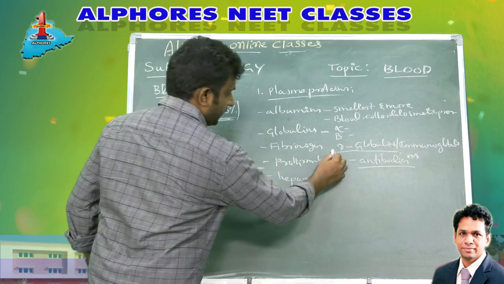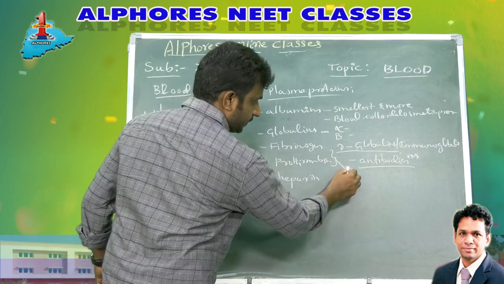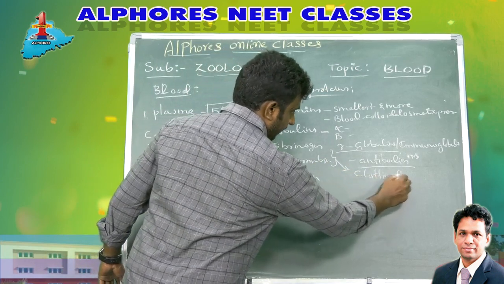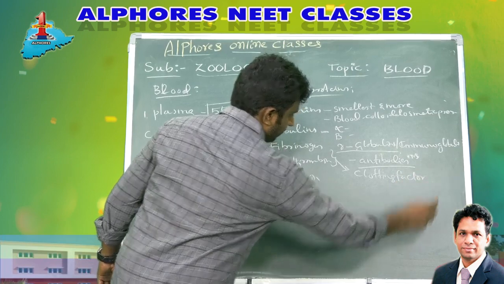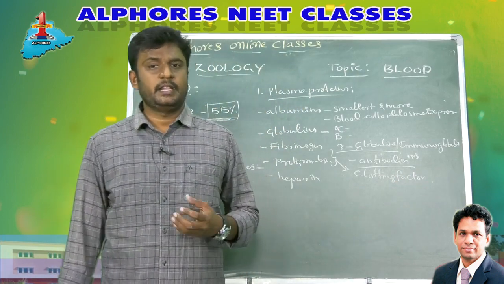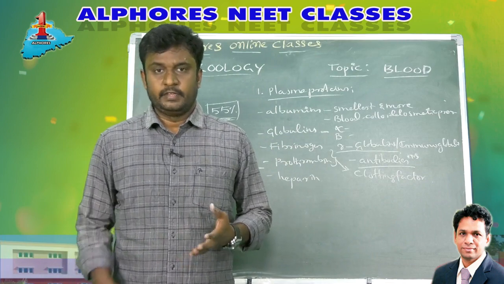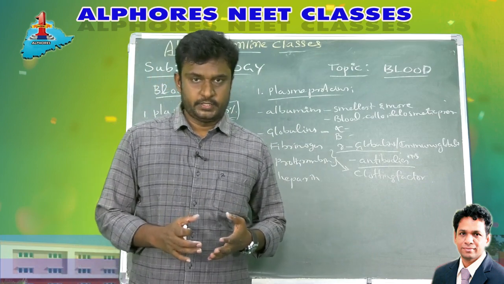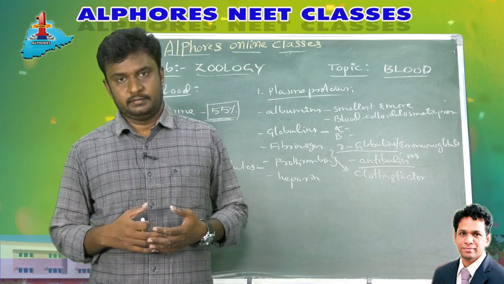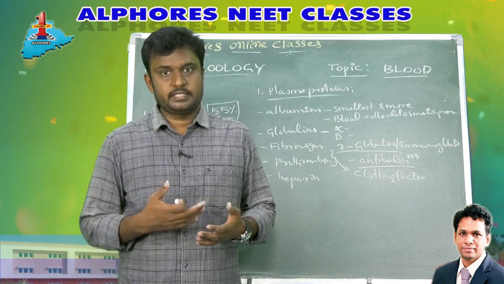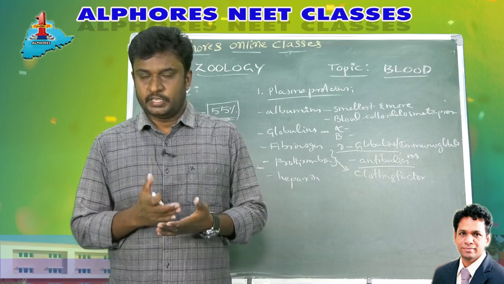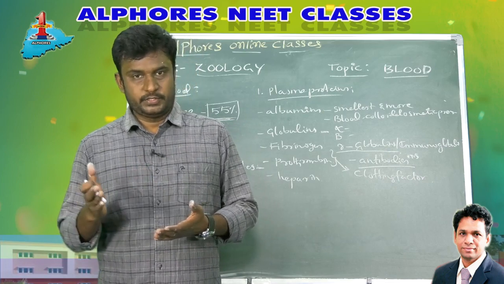Next, fibrinogen and prothrombin. Fibrinogen and prothrombin are the clotting factors which help in the clotting of blood. Whenever our blood vessel is injured, when any damage occurs in our skin, the blood vessel ruptures and the blood comes out.